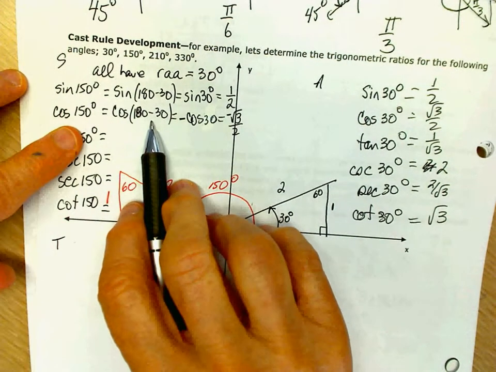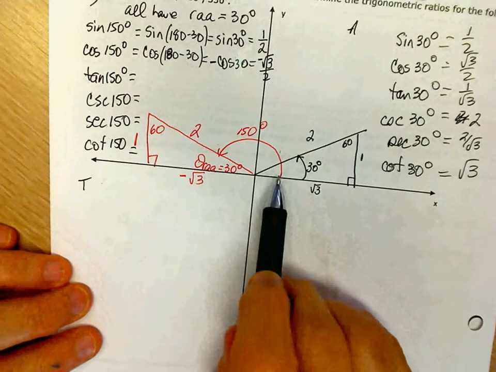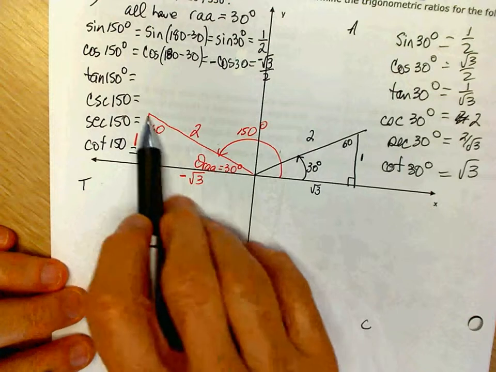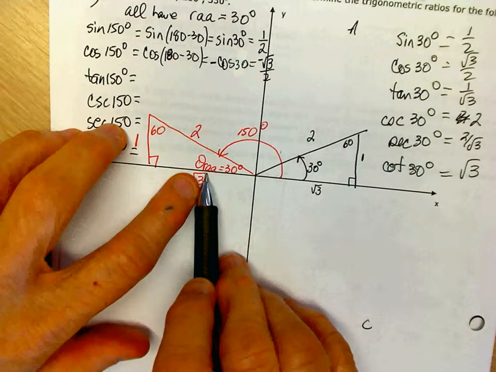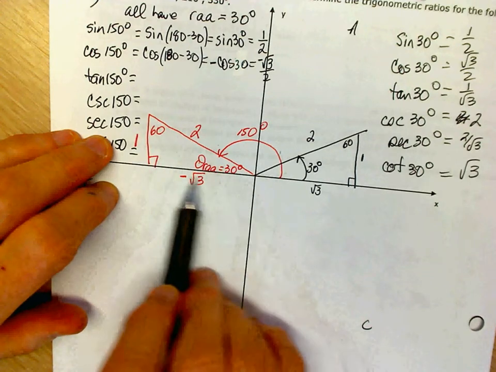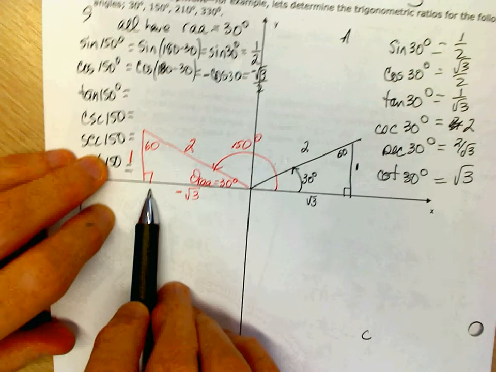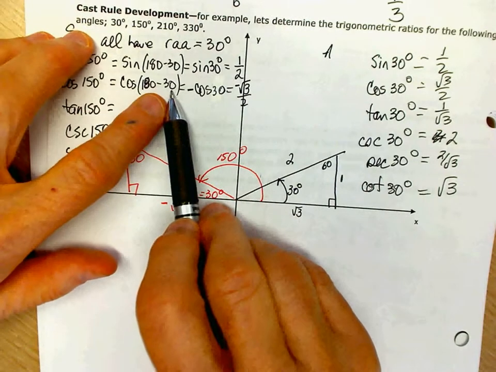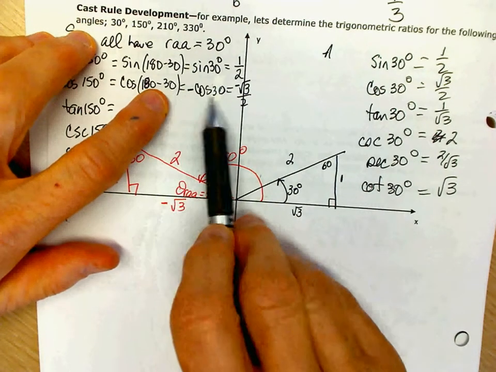Even though this is 150 degrees, the trig ratio is dependent on the related acute angle, which is this angle in here. It's just a stepping stone to help you realize that the related acute angle is 30 degrees.